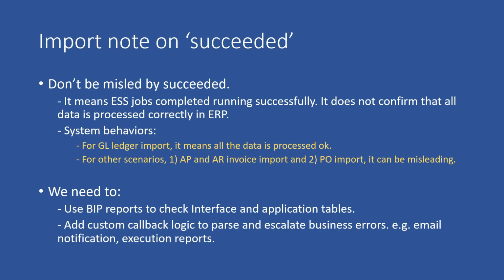And the second thing is to build some custom logic in the callback integrations to find out those warnings or error messages in the interface tables, so how many records are successful and how many records failed, to build a report and send this kind of information to the key users via email notifications. So now we're going back to the callback integration to have a look how the custom logic is built.